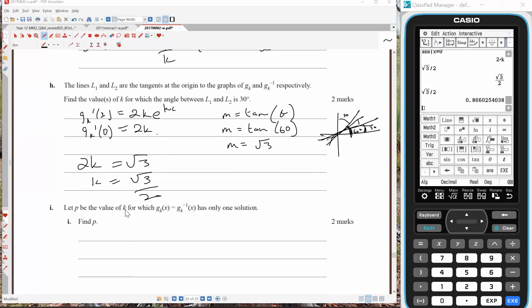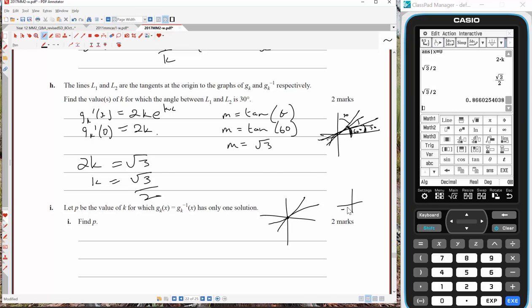Right, let P be the value of K for which g_k(x) equals g_k^-1(x) has only one solution. So that will be the scenario where it's basically going to dilate far enough that they go like this, that they'll touch just there.